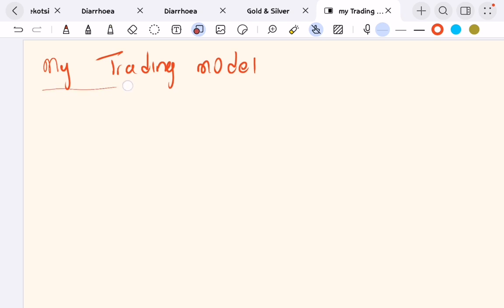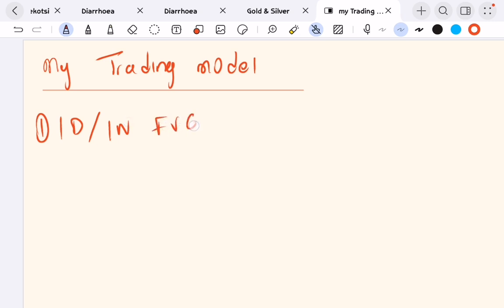So how I look for a setup, these are steps. I'm just going to call this my trading model. Step one: I'm looking for a 1 day or 1 week FVG.